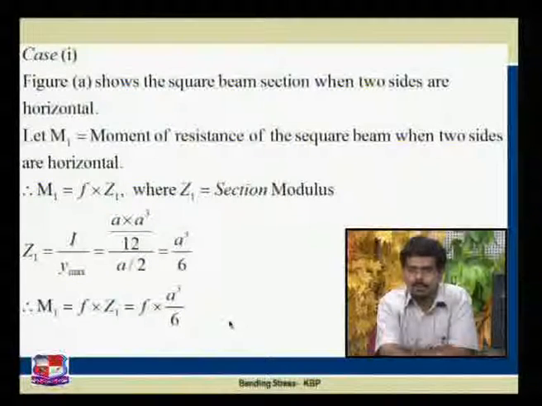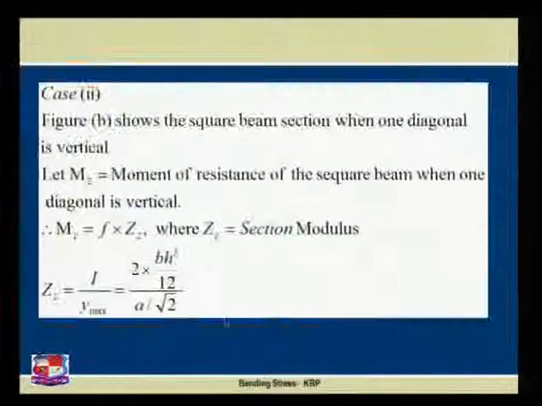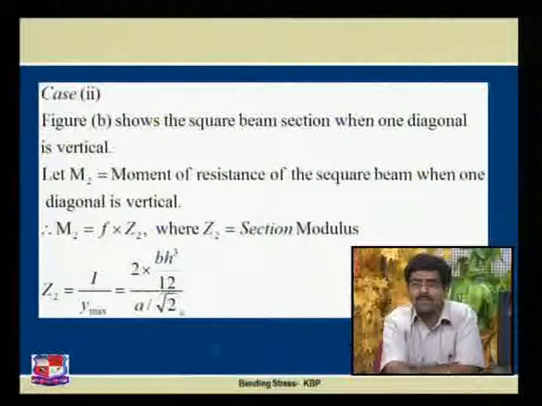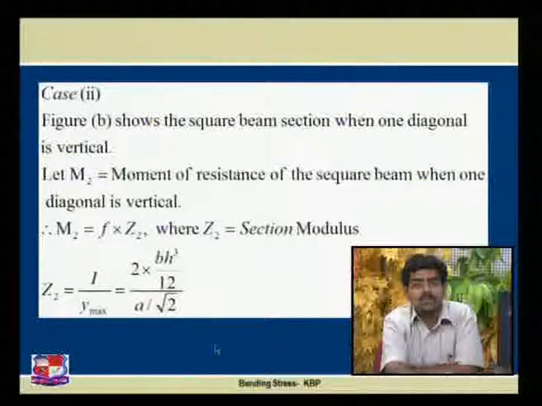It's very simple. Now let us go for case 2. Case 2 says the square beam section where one diagonal is vertical. So let M2 be the moment of resistance of the square beam when one diagonal is vertical. That is M2 equal to F into Z2, where Z2 is the section modulus.